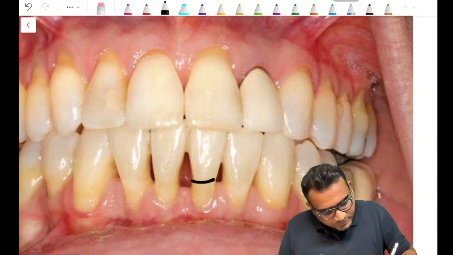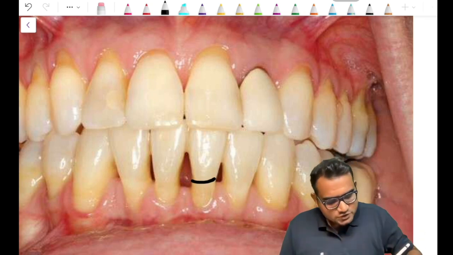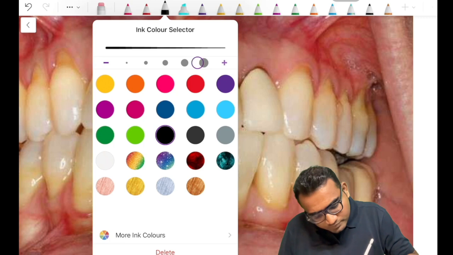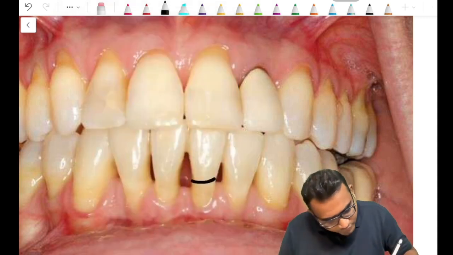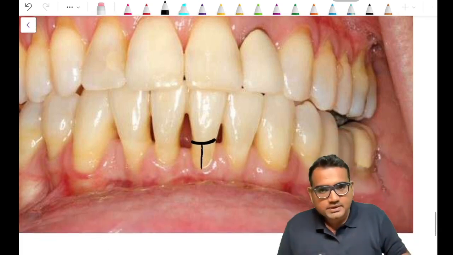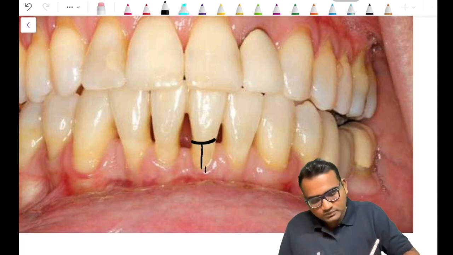this is the CEJ. Gingival recession patients, it's very obvious. So what I'm going to do is measure the distance from the gingival margin to the CEJ. The next step is to insert the probe into the sulcus.